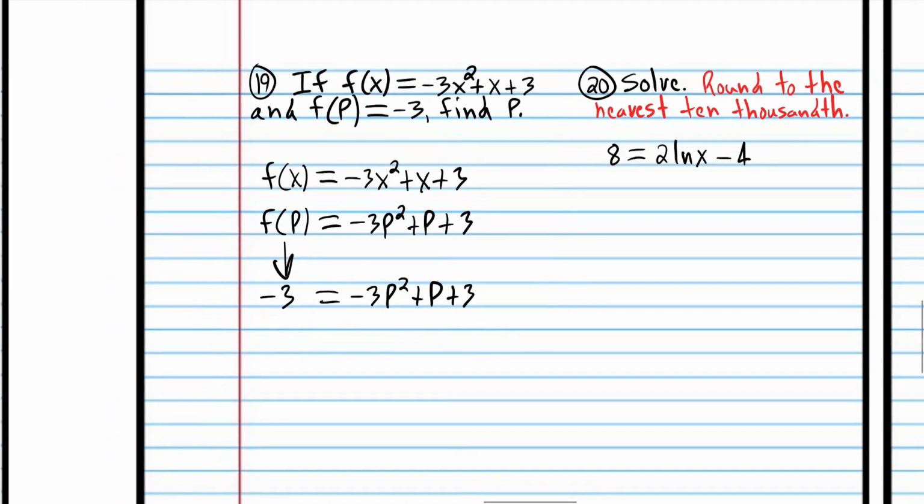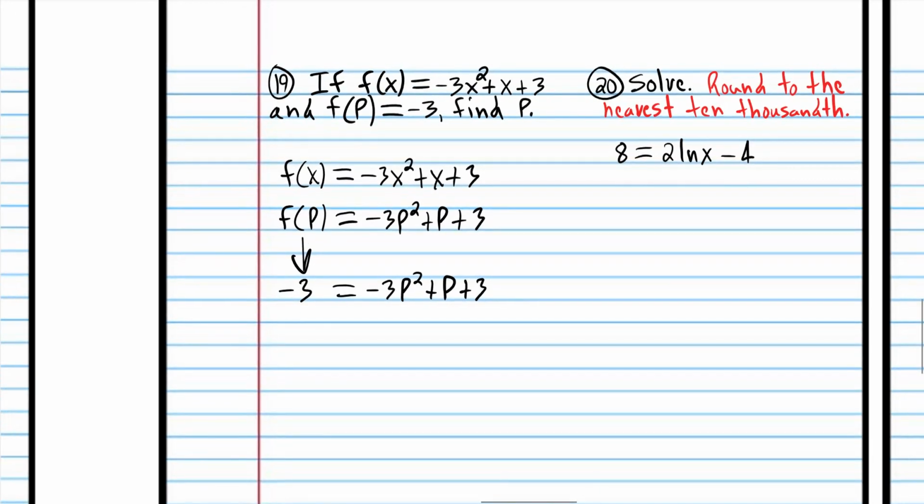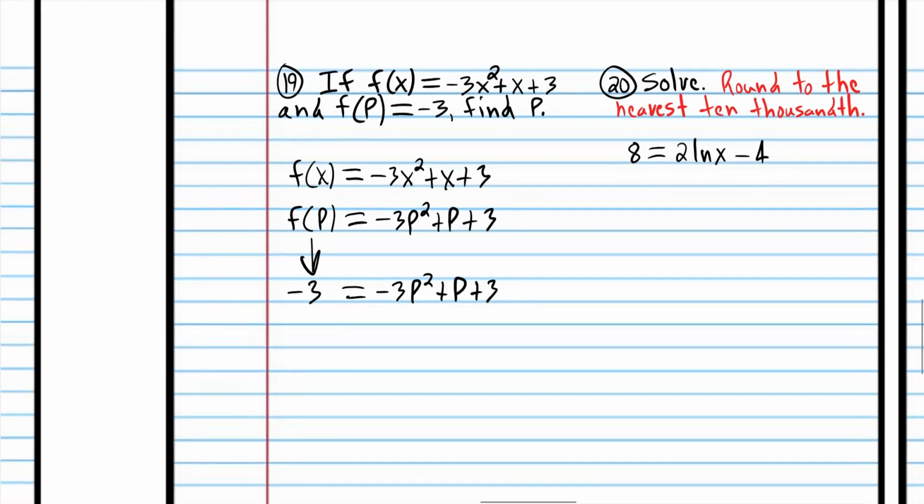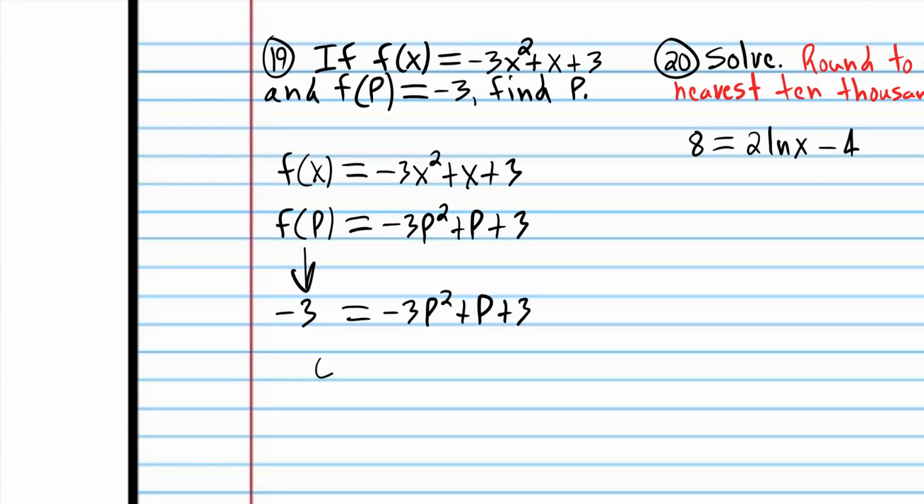So now all we have to do is solve this equation, but there's no way that we can possibly solve this equation unless we recognize the equation as a quadratic. If you want to solve a quadratic equation, you have to put it in standard form. We could put everything on the left side of the equation, or we can put everything on the right side of the equation.